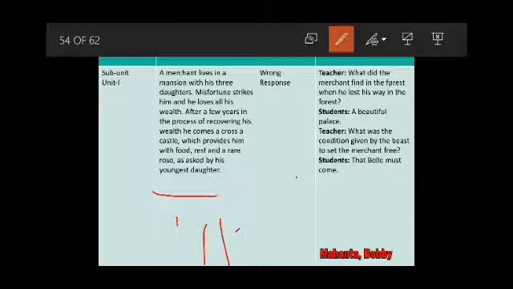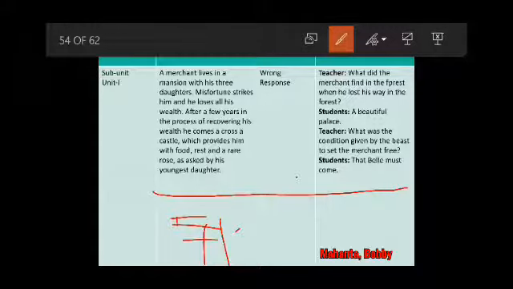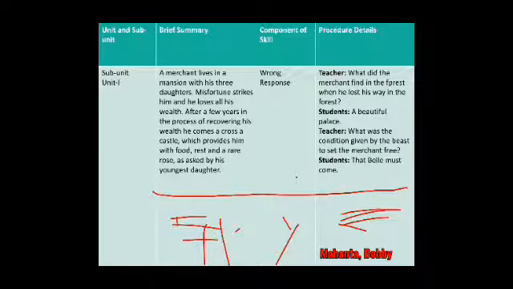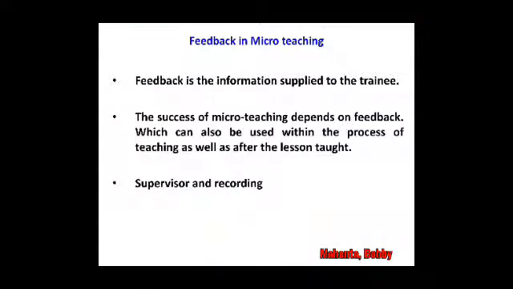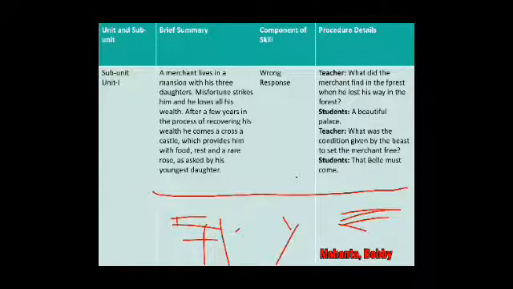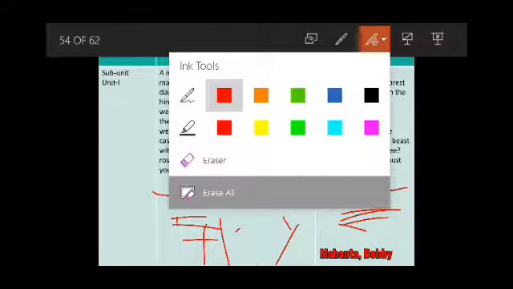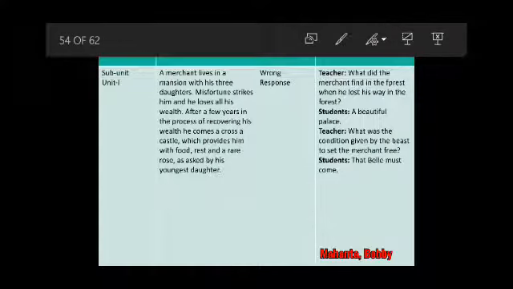Under this specific unit only, supposing you have written another brief summary, here will be the reinforcement part, and here will be the procedure detail. So in this way you have to mention it. This is the format that you have to follow. Clear?